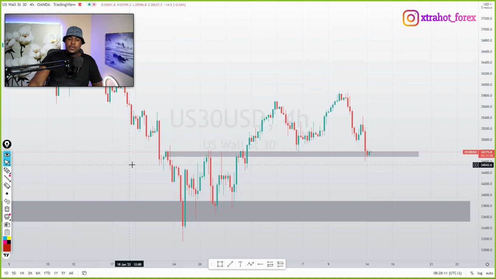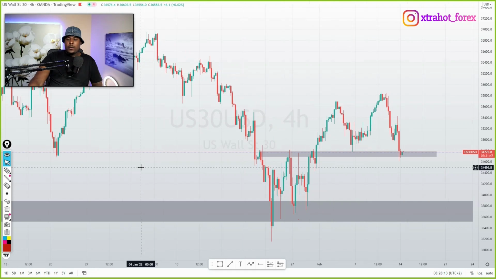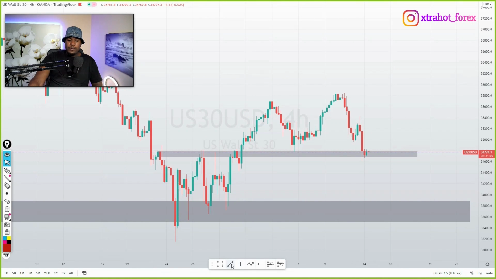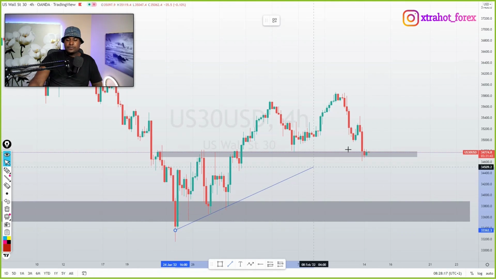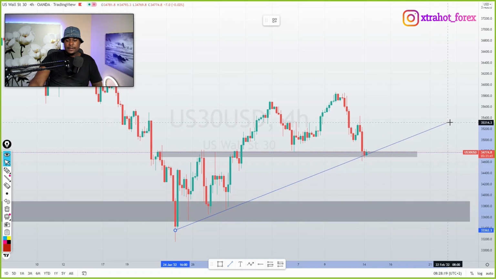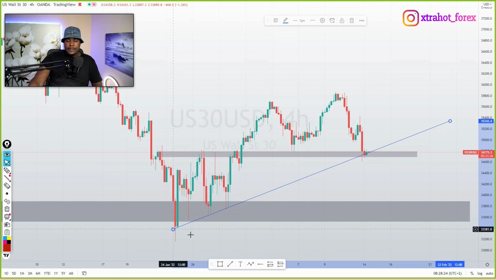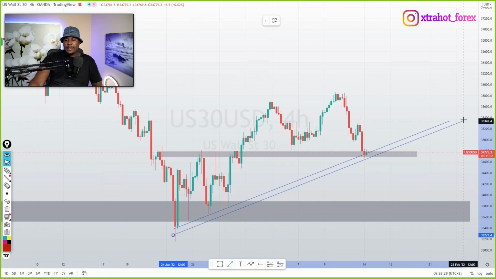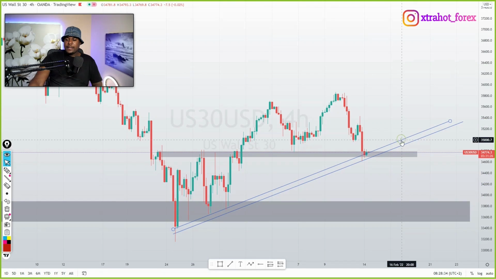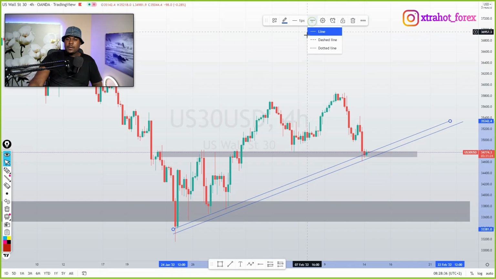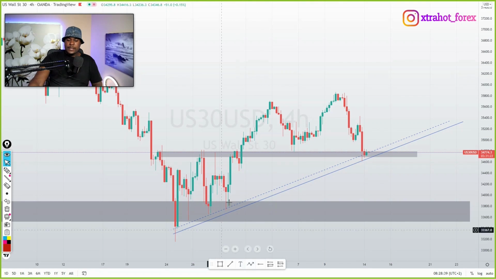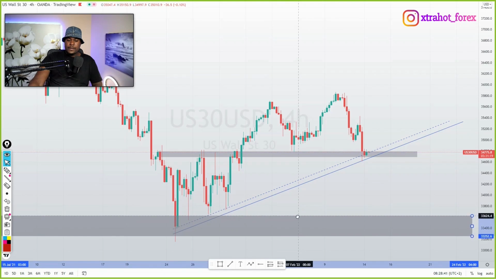So actually, what do we see on US30? I will only recommend buying when the market has something like this. I have something like this here. This thing has been there for some time. I never thought the market was going to come back there again, so that's why I removed it. So we have something like this here now. Let me remove this.